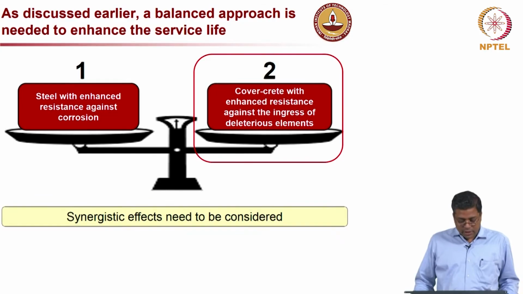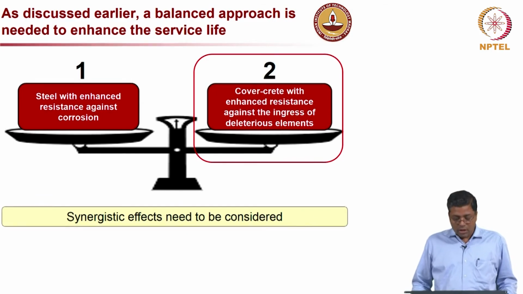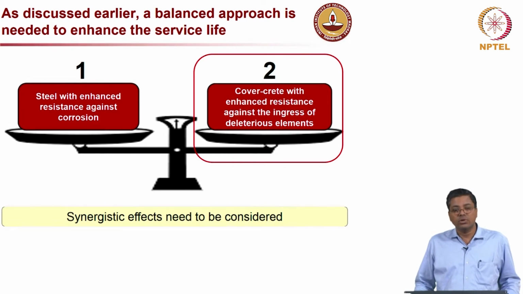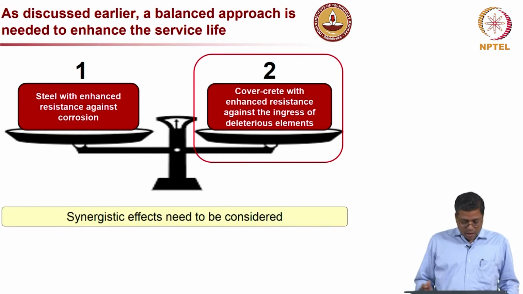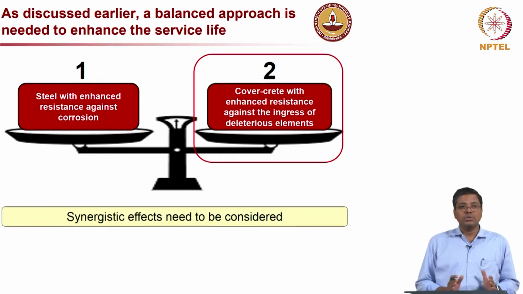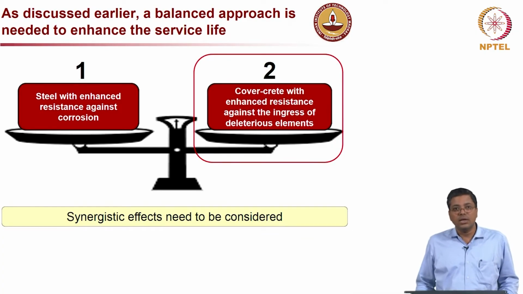Now, as we discussed in the previous module, a balanced approach is very much necessary for ensuring durable reinforced concrete systems and enhancing the service life. When I say balanced approach, it has to do with both the steel and the concrete.